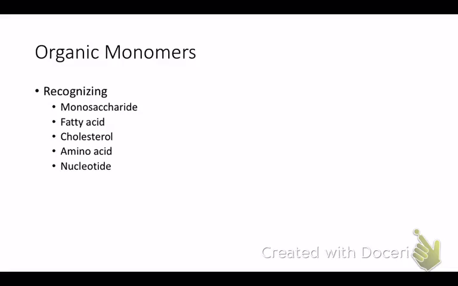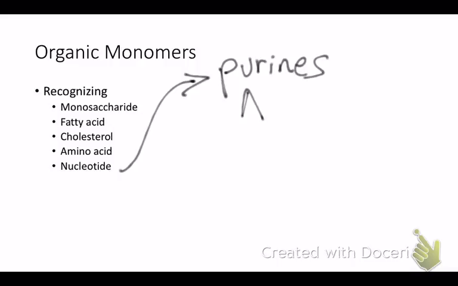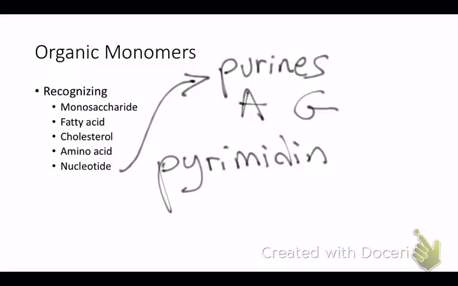Okay, back up just a sec. So what were the different nitrogenous bases found in the nucleotides? Adenine and guanine. And our pyrimidines? Yep, very good.